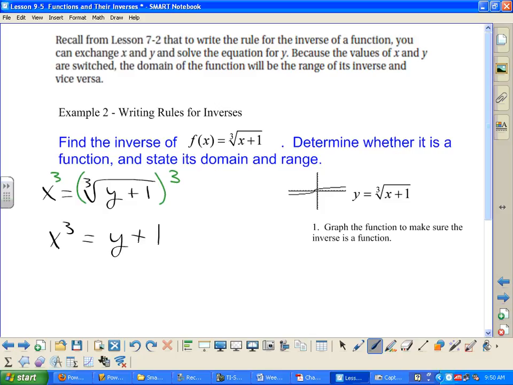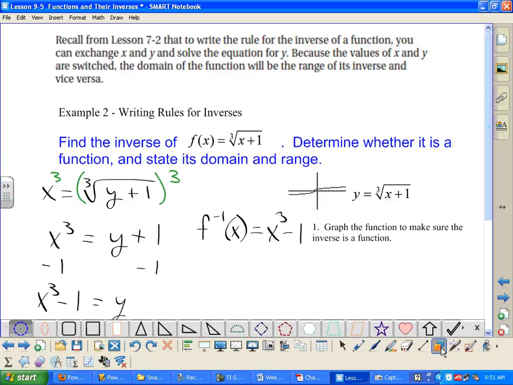And then we'll subtract 1. Now, the only thing different here is that it's a function, right? How do I write it in function notation? That's right, f negative 1. So f inverse of x equals x cubed minus 1. So that would be our inverse.